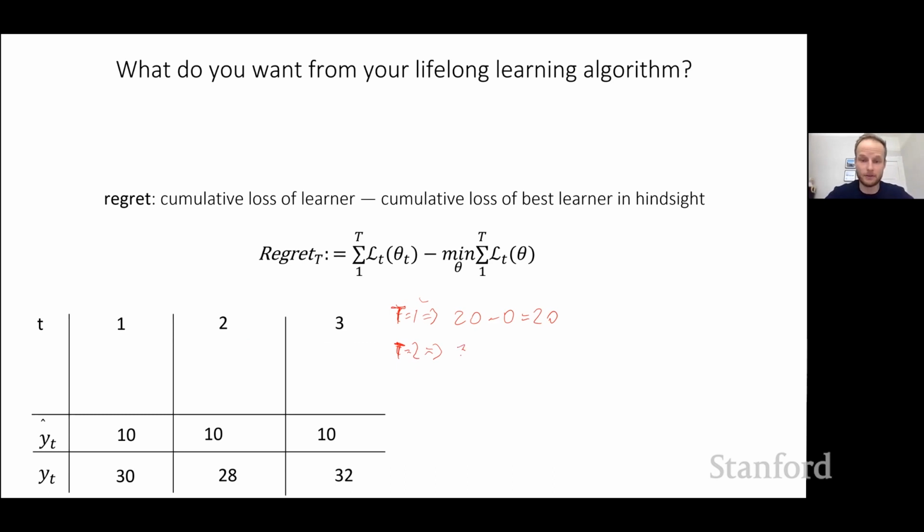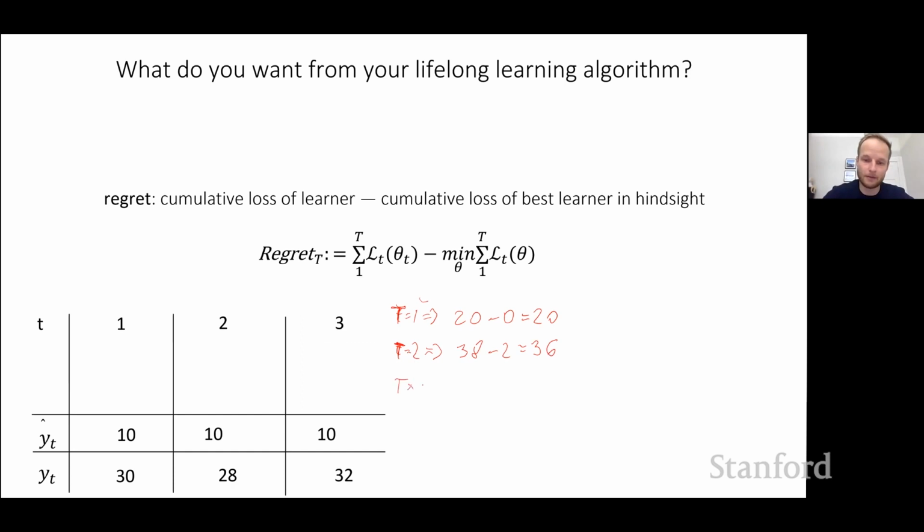This is the cumulative loss of your learner, 38, minus the best learner that you could have in hindsight. You could have predicted an average of those two, so that would be 29. Then the difference would be 2, because 30 minus 29 is 1, and 28 minus 29 is 1 as well, in absolute difference. So in that case, regret would be 36.